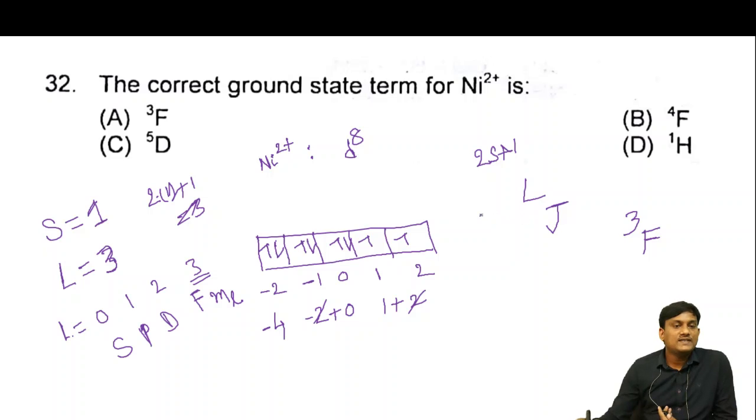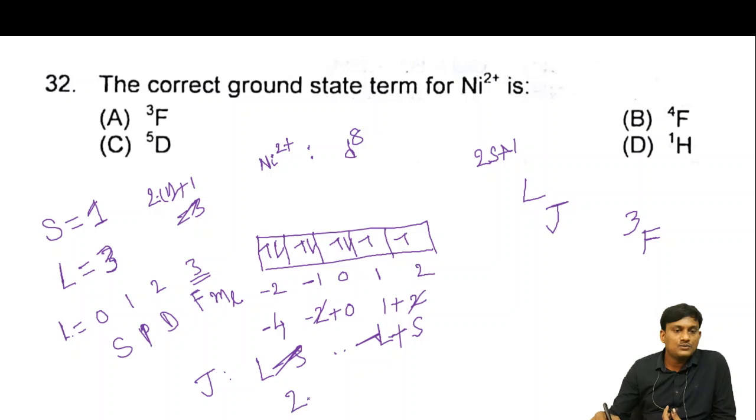And what is the J value? The J value ranges from L minus S to L plus S. L is 3 and S is 1, so L minus S is 2 and L plus S is 4. The minimum value is 2, the maximum is 4, so it will be 2, 3, 4.